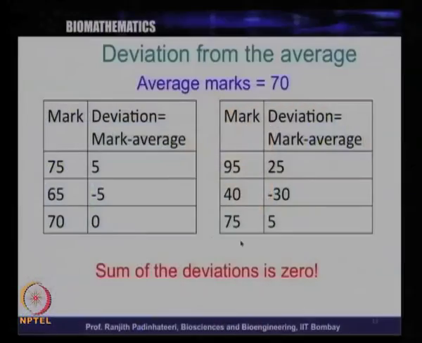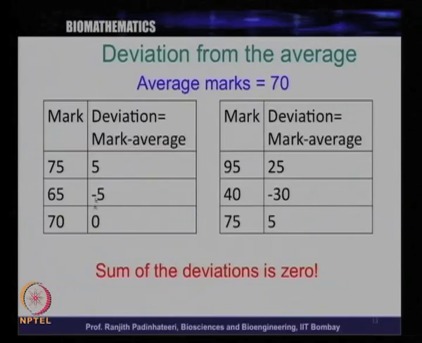So, let us look at here. We had 75 marks and the average is 70. The deviation, that is the mark minus the average, is 75 minus 70, which is 5. Here the deviation is minus 5 because 65 minus 70 is minus 5. And here the deviation is 0 because the average is the same as the mark itself.